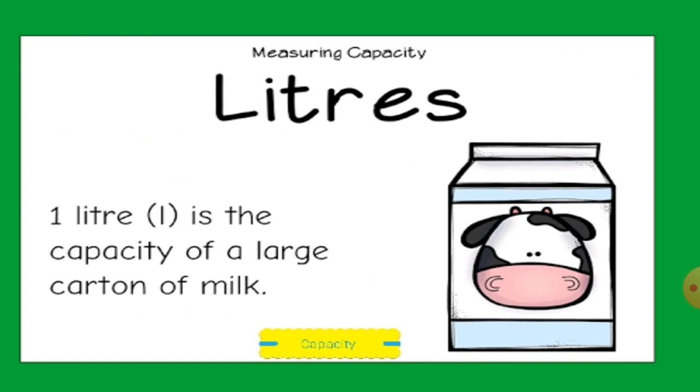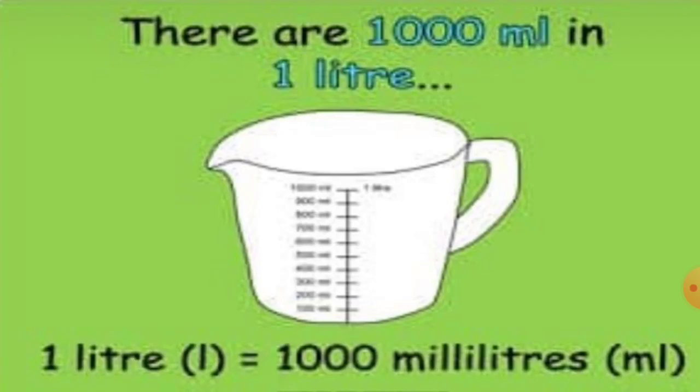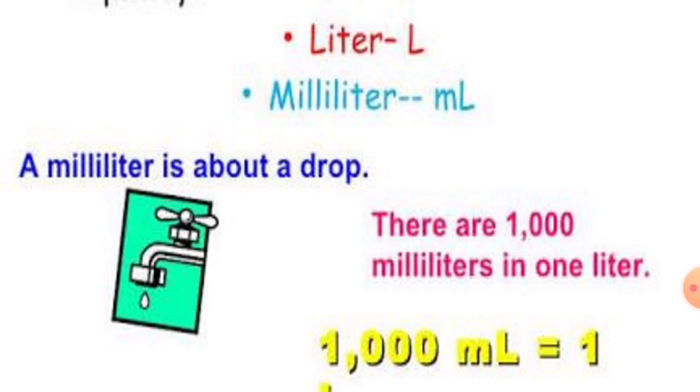That's 1 liter. Good. There are 1,000 milliliters in 1 liter. Liter, remember, is written as L, and milliliter is written as ml.